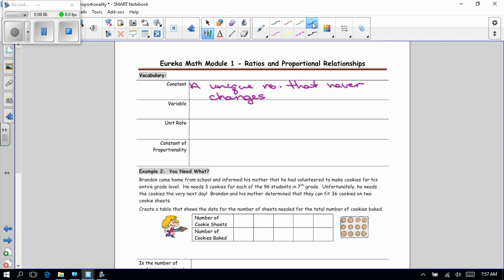Variable, on the other hand, right? Variable. Notice the word vary, right? The root of it is vary. So a variable is a letter or symbol, right? We could put a smiley face emoji in there. It would still work. It's a letter or symbol that represents a number that's unknown.